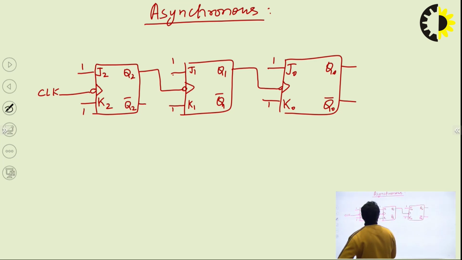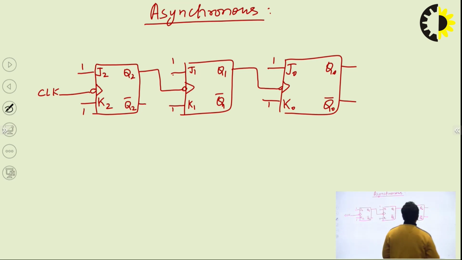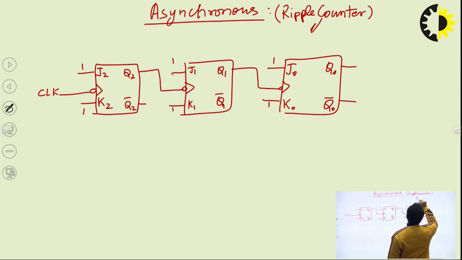So first we have drawn the circuit diagram of the asynchronous counter. This is also called a ripple counter, and we are at present discussing the ripple counter.